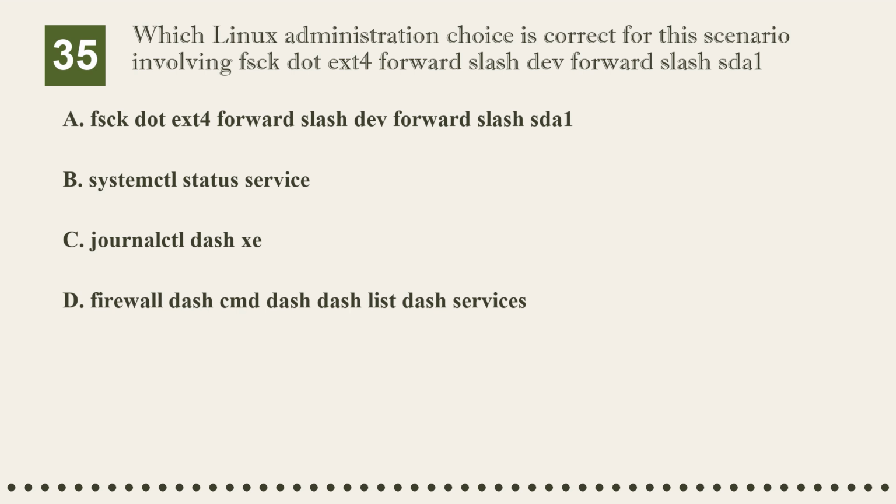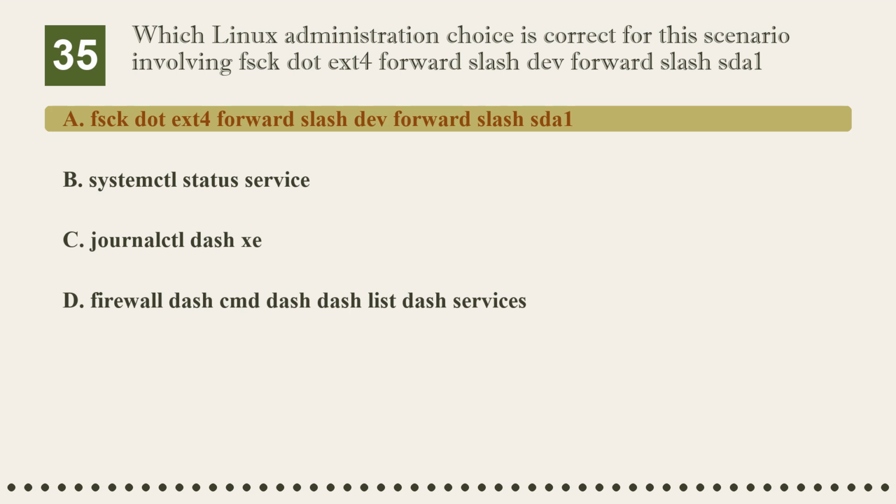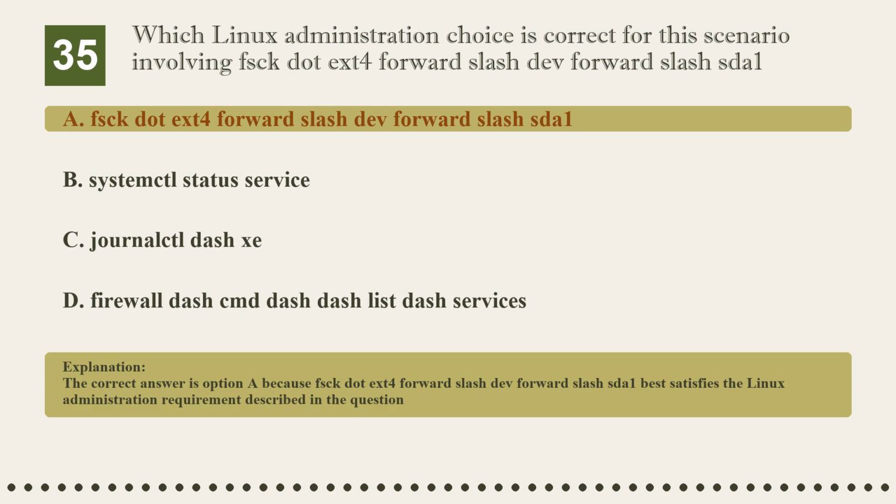Option D, firewall-cmd --list-services. The correct answer is option A, fsck.ext4 /dev/sda1. The correct answer is option A because fsck.ext4 /dev/sda1 best satisfies the Linux administration requirement described in the question.